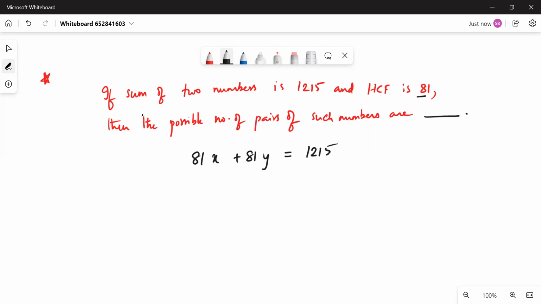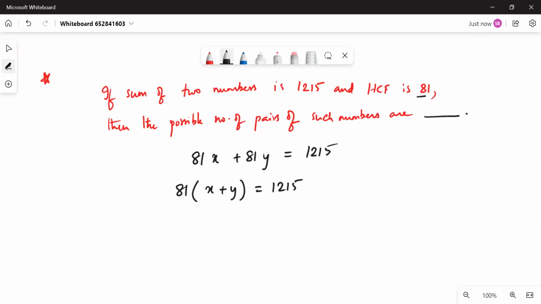Now I will take 81 common. So 81 into x plus y is equal to 1215.